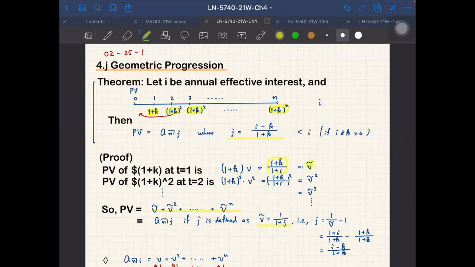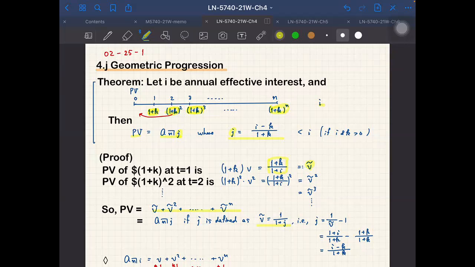To say the conclusion first, this PV is calculated by just the annuity formula, but we need some adjustment in the interest rate. This interest rate J is actually I minus K over 1 plus K, where I is the annual effective rate and K is the growth rate.